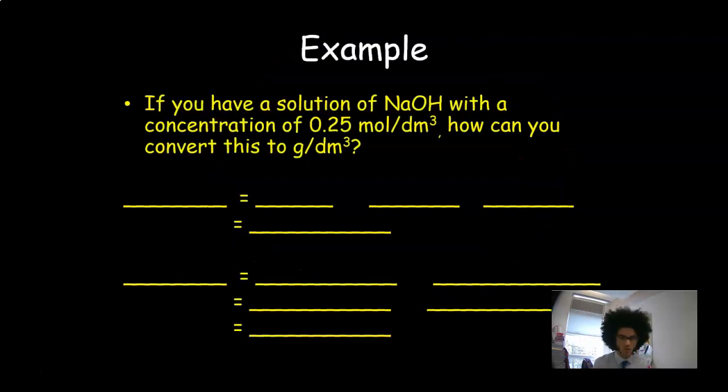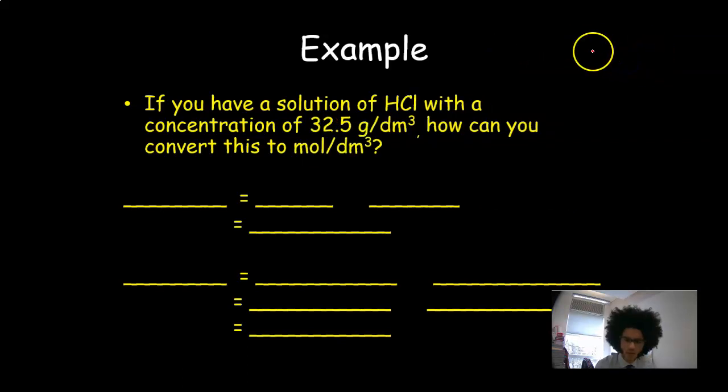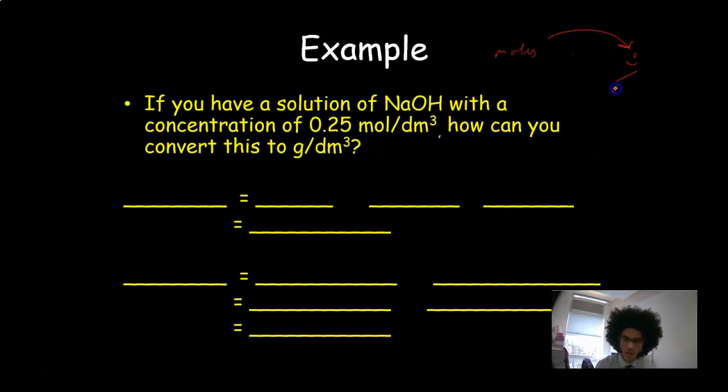If you have a solution of sodium hydroxide with a concentration of 0.25 moles per decimeter cubed, how can you convert that to grams per decimeter cubed? Just remember, going from moles per decimeter cubed to grams per decimeter cubed, you multiply by MR, and going the other way, you divide by MR. So let's work out the MR. For sodium hydroxide, it would be 23 plus 16 plus 1.